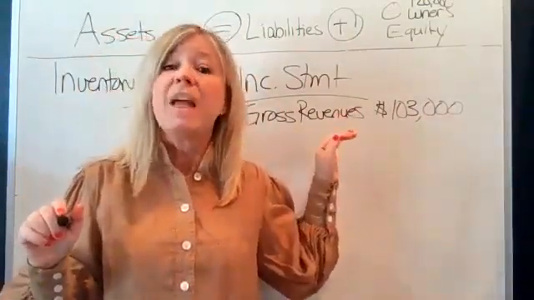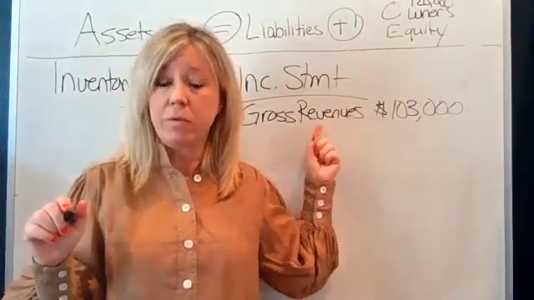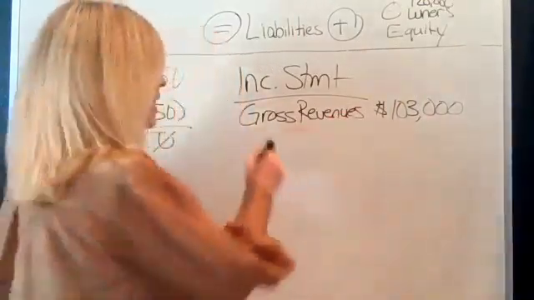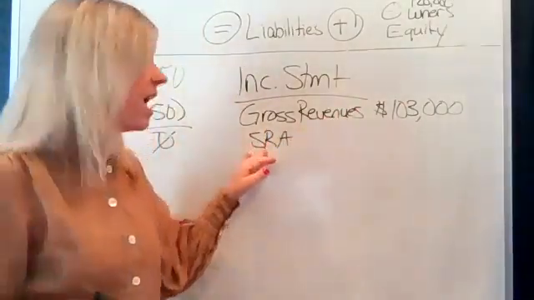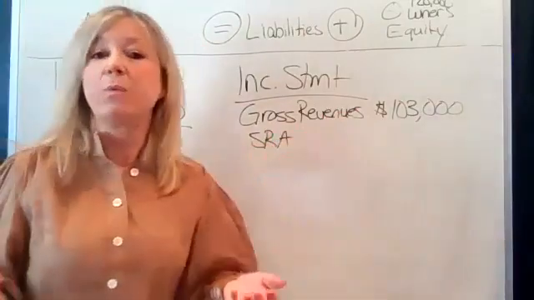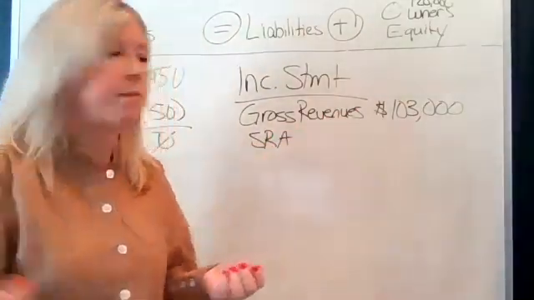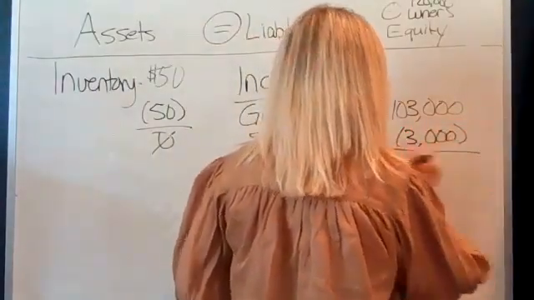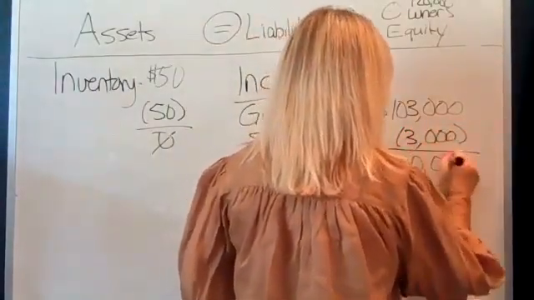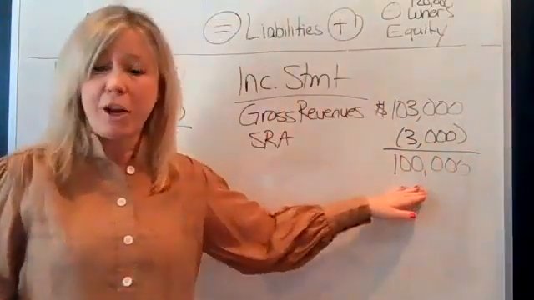And if they do, that reduces their revenues, remember? And so we have an account called sales, returns, and allowances in chapter 5. So say this company had returns or allowances of $3,000. That reduces their revenues. And now they have revenues of only $100,000.